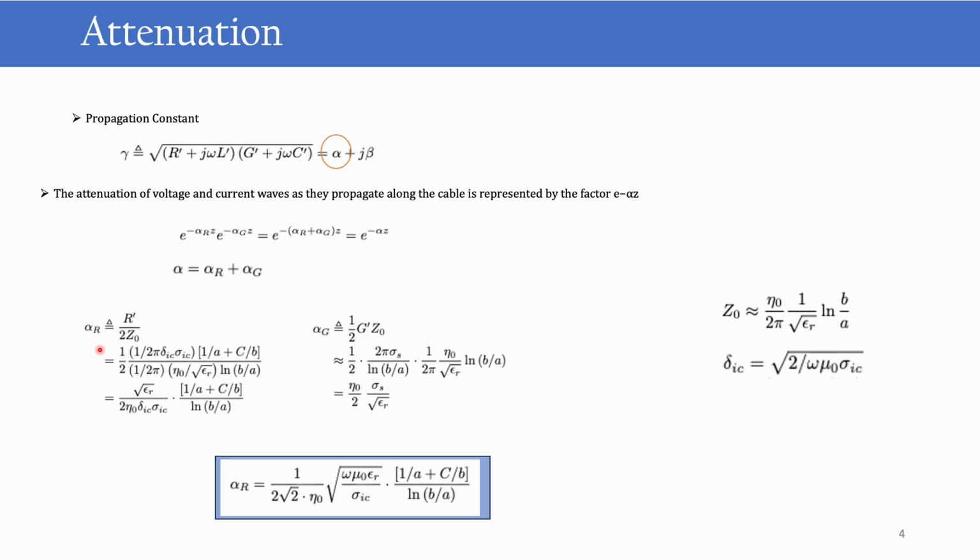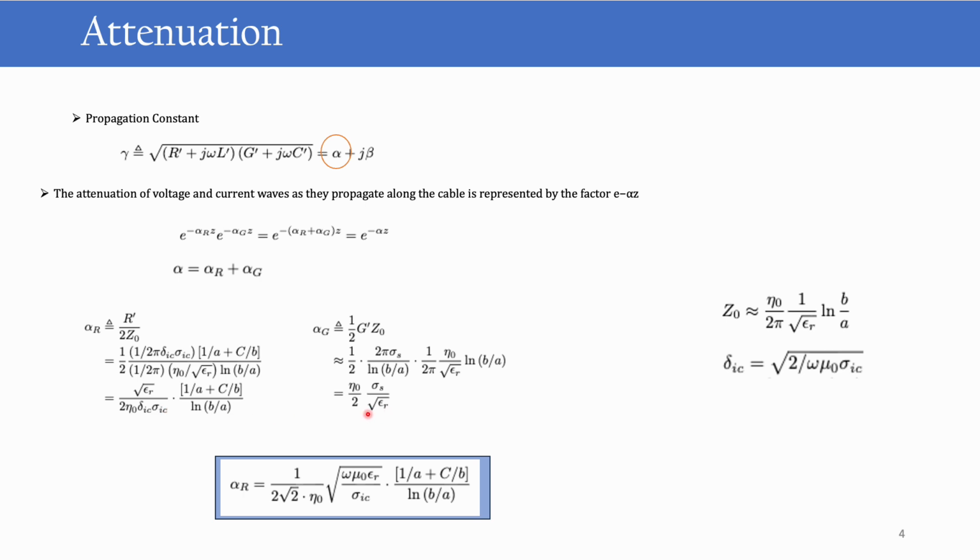Alpha r is given by r by 2 z0, where z0 is the characteristic impedance of the coaxial cable, and alpha g is given by the conductance, which is equal to g z0 by 2. By substituting z0, we get alpha r and alpha g as given by these two expressions.